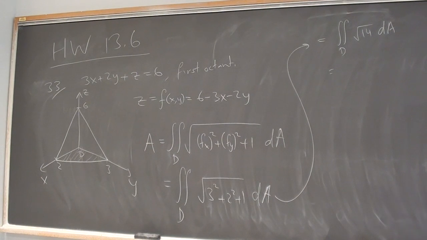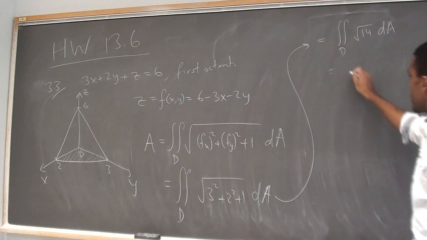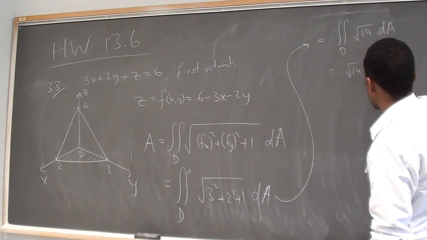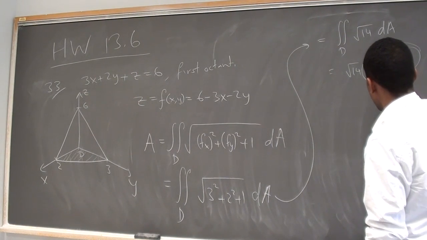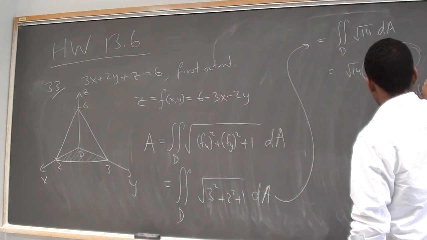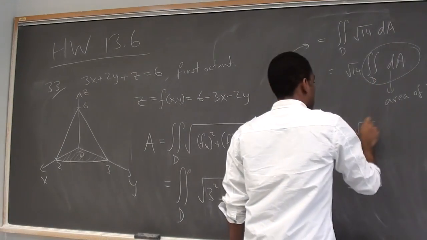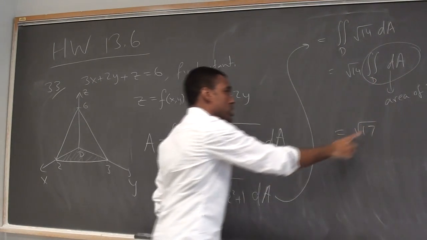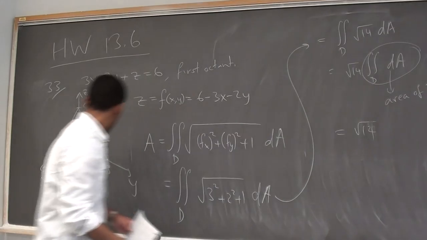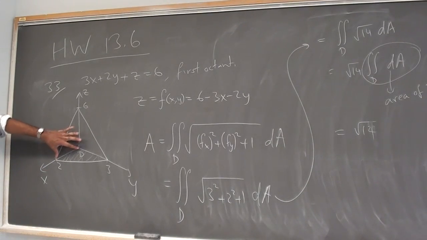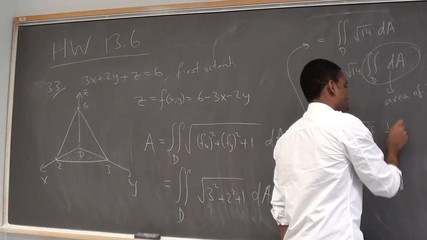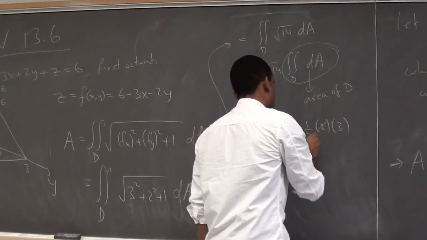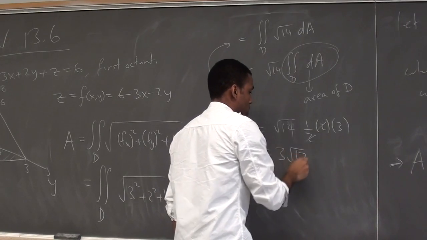If we want to get to the limits, we could, but we don't have to. I could say this is just the radical of 14 times the double integral over D of dA, which is just the area of D. It's kind of odd where my D is a triangle with base length 2 and height 3, so I can just use half base times height. Then you get 3 radical 14.